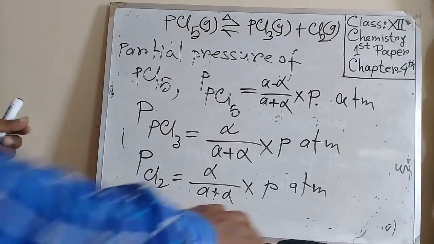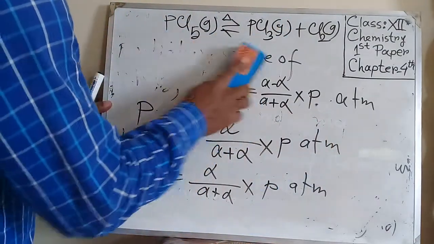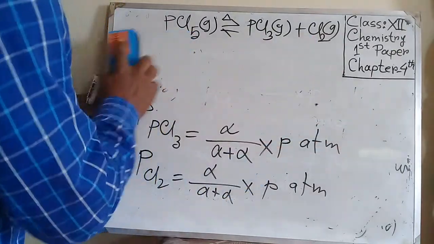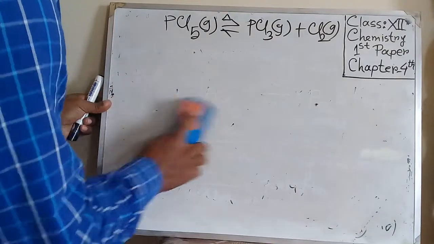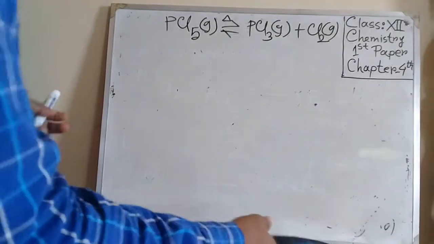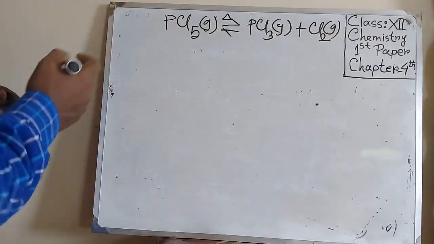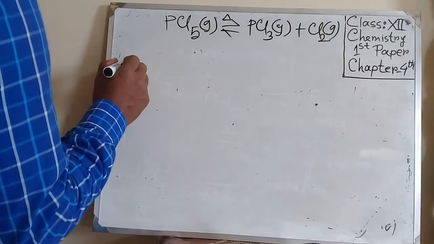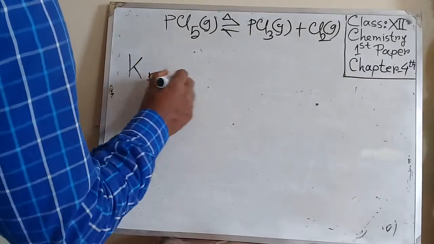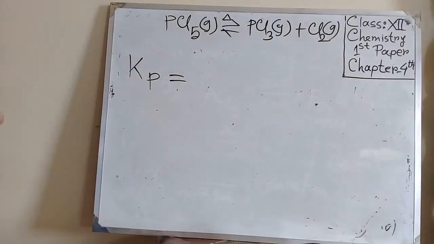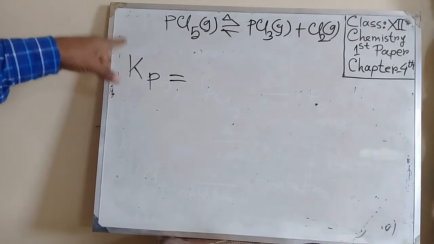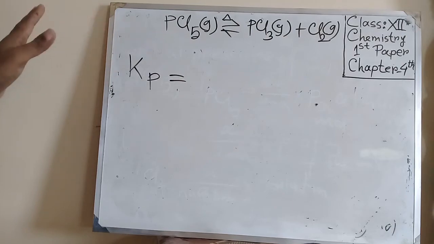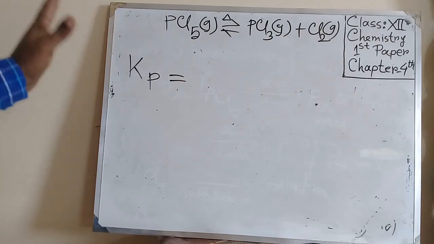So what's the formula of Kp? That means the equilibrium constant in partial pressure. We know the equation for any reversible reaction. So Kp, I have told about Kp. What is Kp? Equilibrium constant in partial pressure. If I write Kc, that is the equilibrium constant in molar concentration.